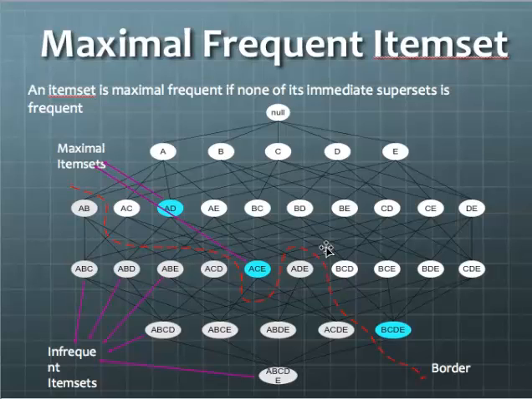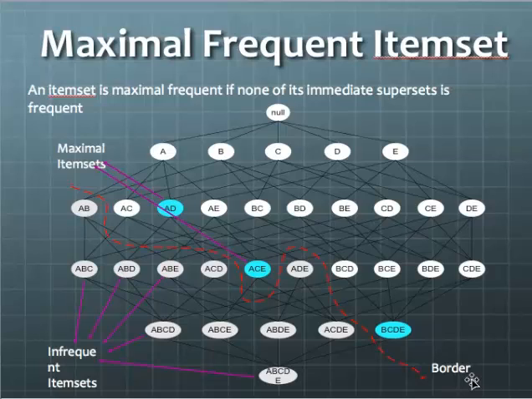Despite providing a compact representation, maximal frequent item sets do not contain the support information of their subsets. For example, the supports of the maximal frequent item sets ACE, AD, and BCDE do not provide any hint about the support of their subsets.